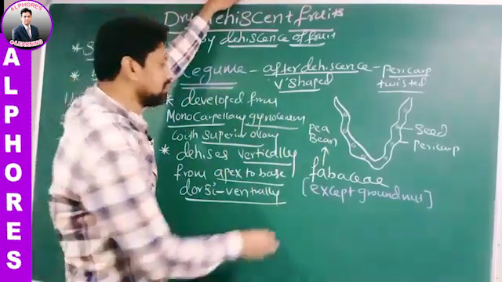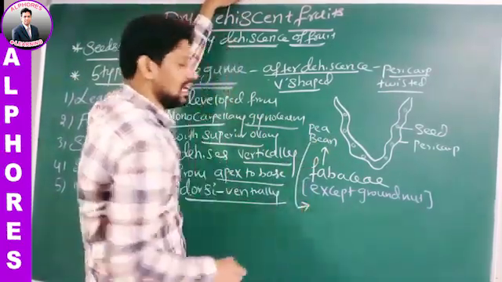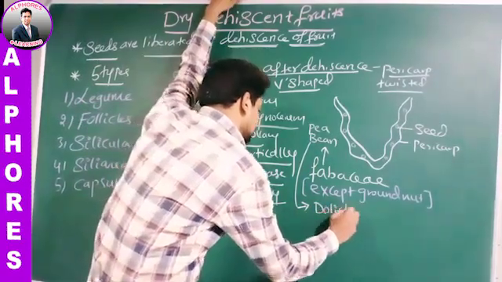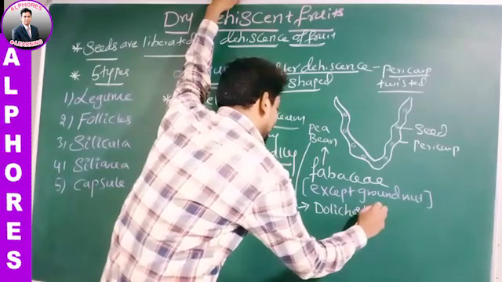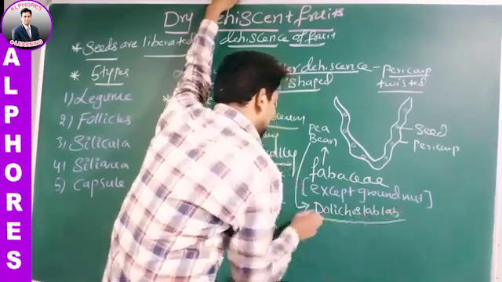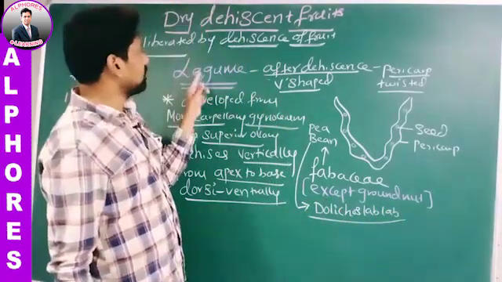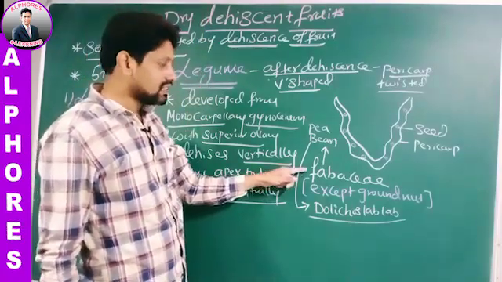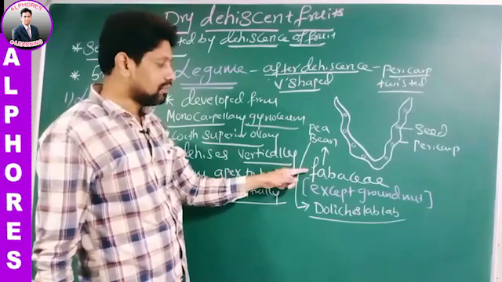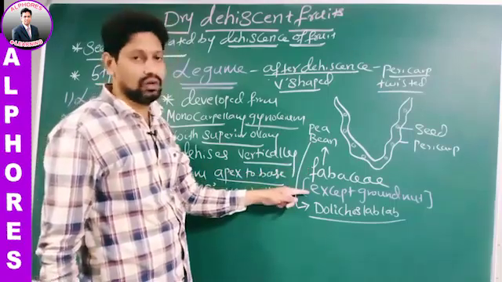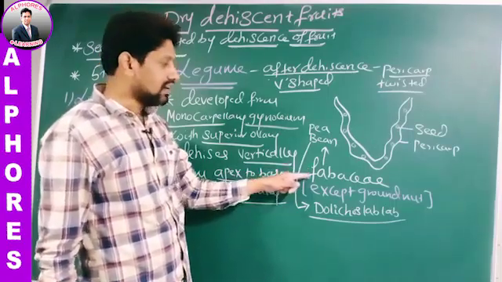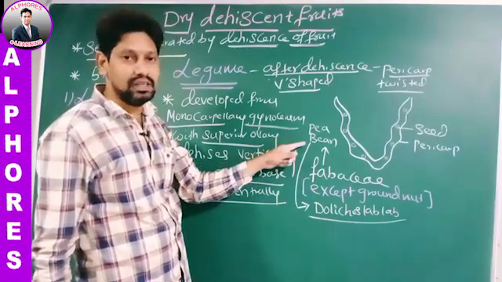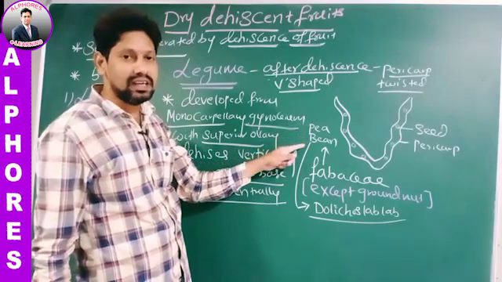For bean I am writing the scientific name, Dolichos lablab. Therefore, for legume, example, Fabaceae family except groundnut. Pea and bean.